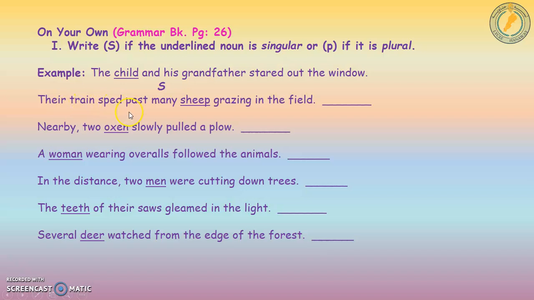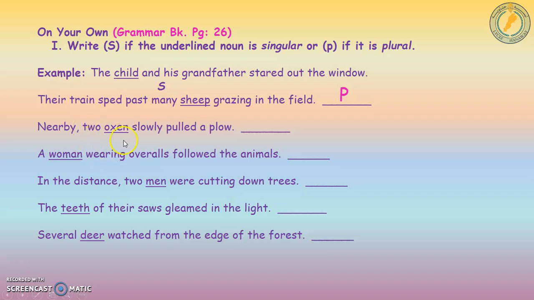The train sped past many sheep grazing in the field. Sheep. Sheep stays sheep in the singular and in the plural. But how do we know if it's a singular sentence or a plural one? From the word many. Yes, many is plural, so many sheep is plural.